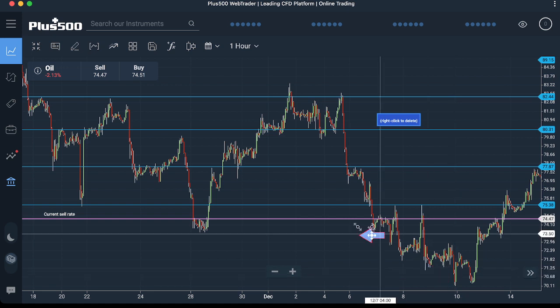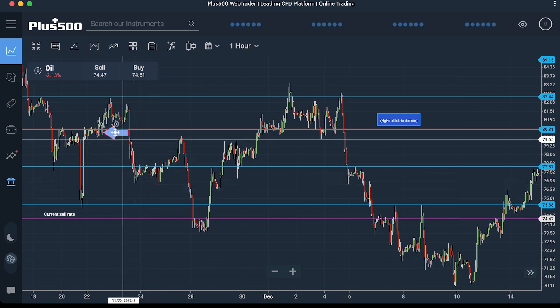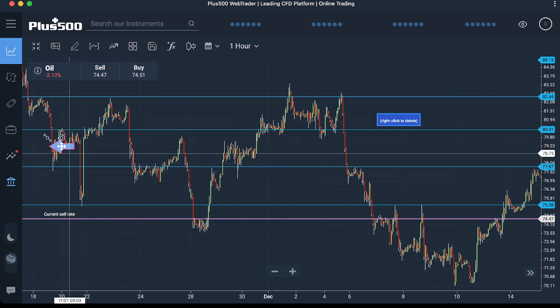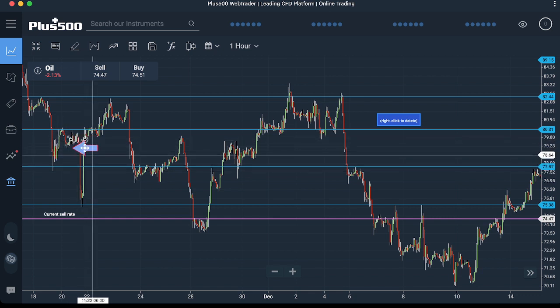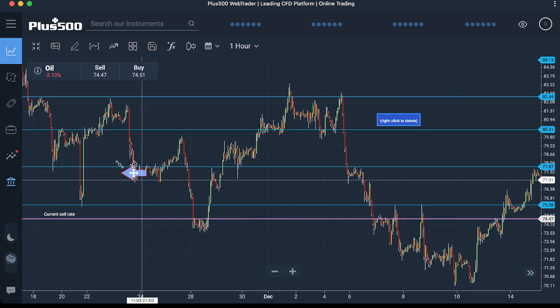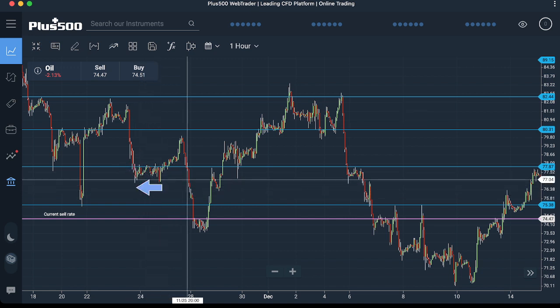And here again you can see on this chart the price going down, breaking this level, going back up, resistance.